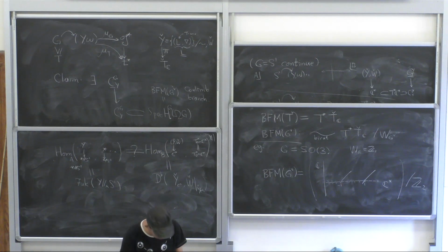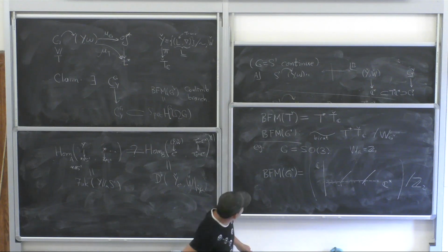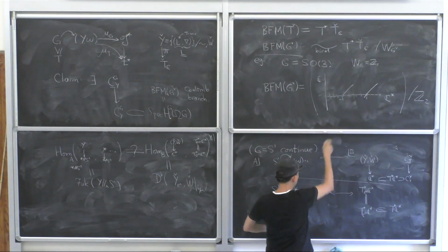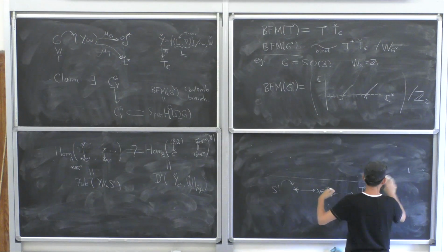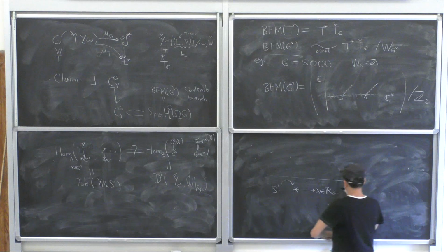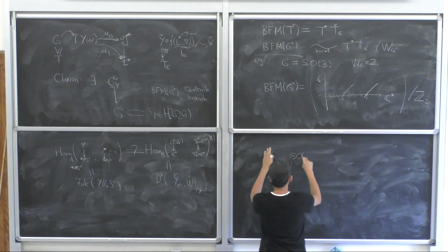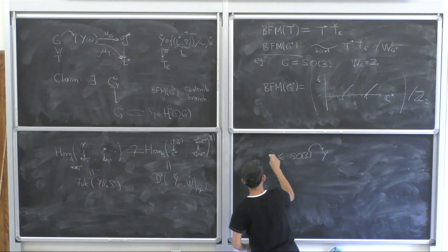So what we need to prove is the following. Let's say you have SO3 acting on Y, and then you look at the Cartan subgroup, which is S1, of course, in this case.